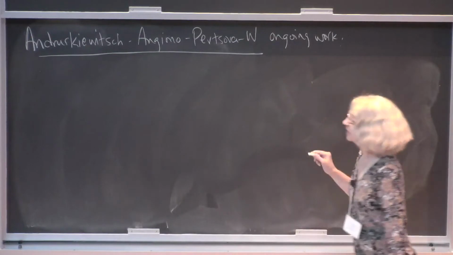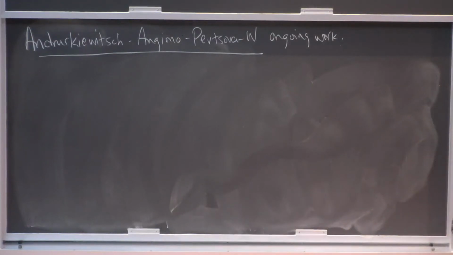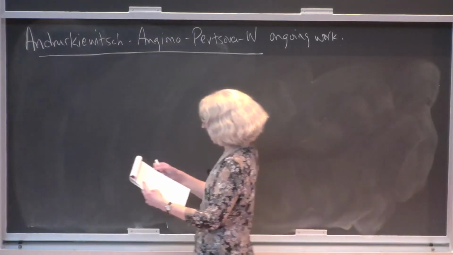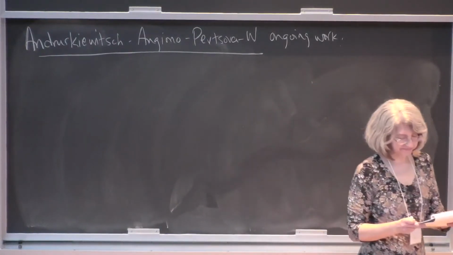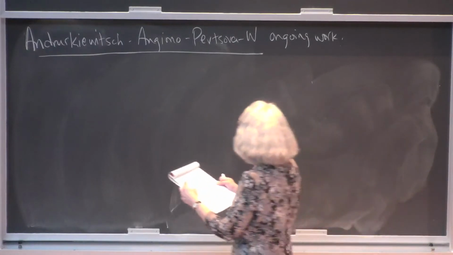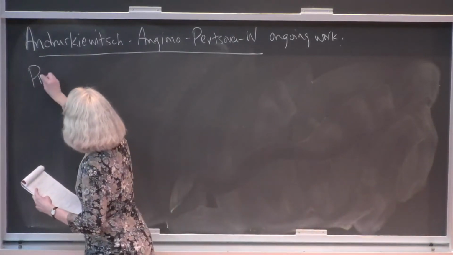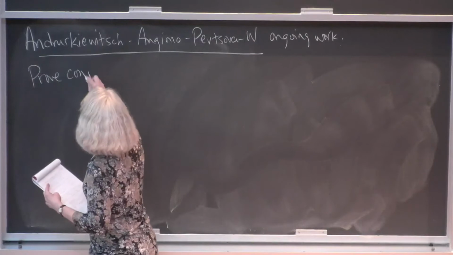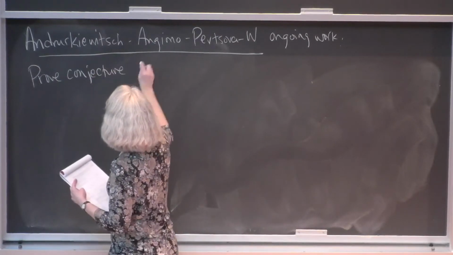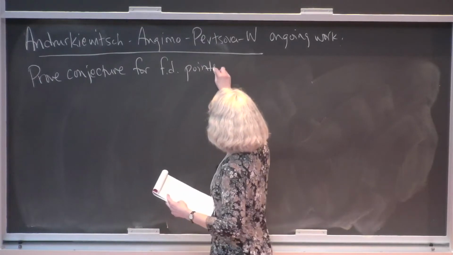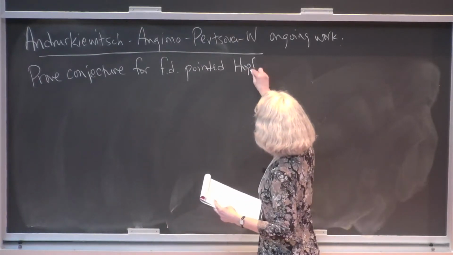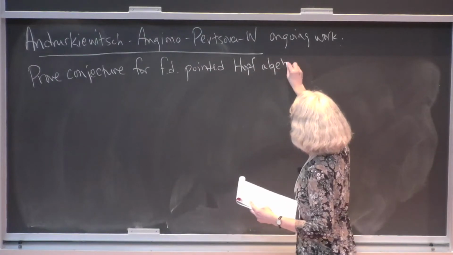We've been just about finished for some time, but it's taking time to nail down the last few details and get it all written, particularly because we're not all on the same continent. So what we're doing is we're proving the conjecture for finite dimensional pointed Hopf algebras with abelian groups of group-like elements.